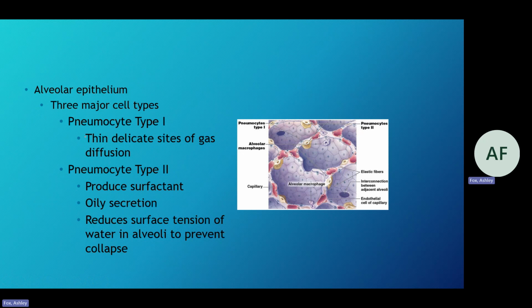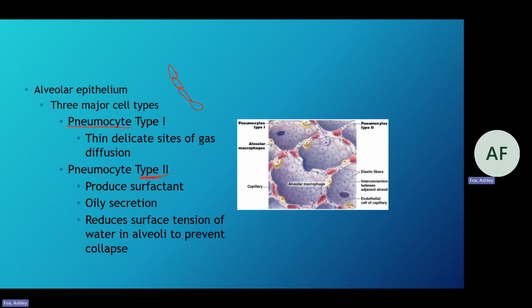When we get to the alveoli, there are 3 cell types. So there's pneumocyte type 1 and pneumocyte type 2. Pneumocyte type 1 are going to be the thin, simple squamous epithelium that we're talking about.